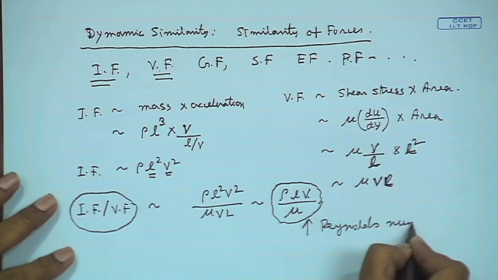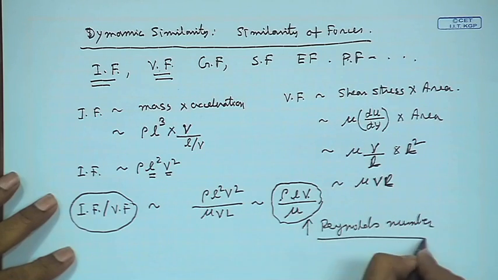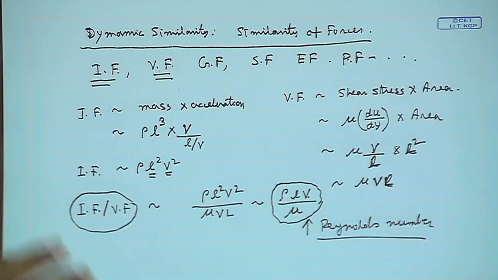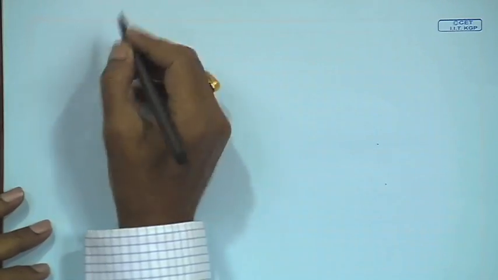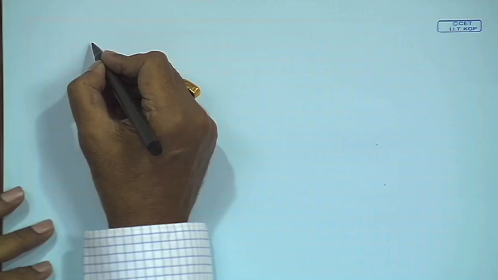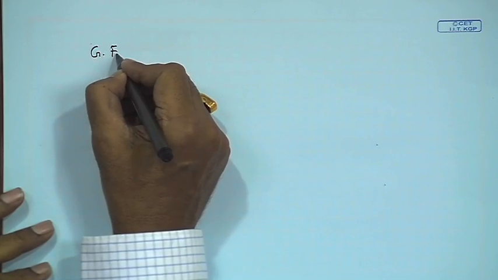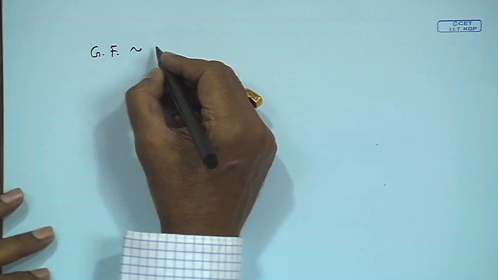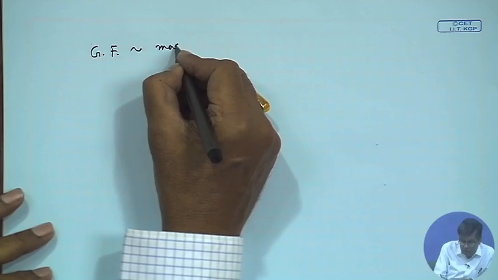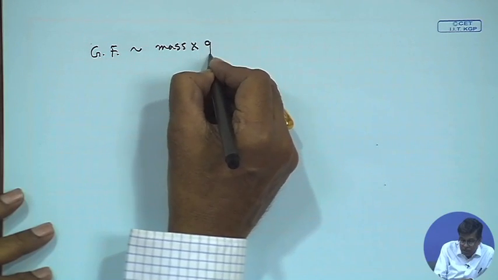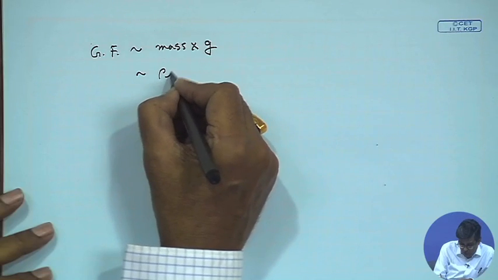So, in a similar way, we can derive various dimensionless numbers. Another example: problems or processes which are governed by both inertia force and gravity force. Now, gravity force is scaled as mass into acceleration due to gravity, mass into g, and mass is rho L cube.